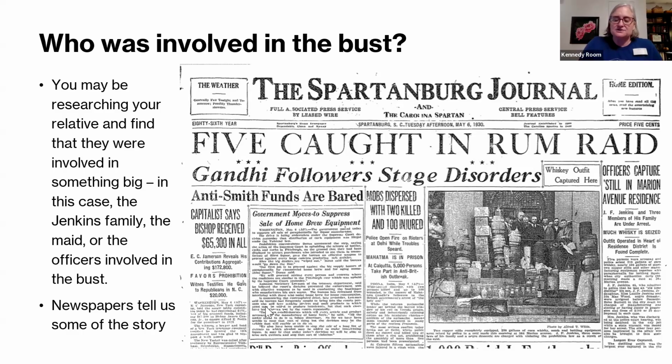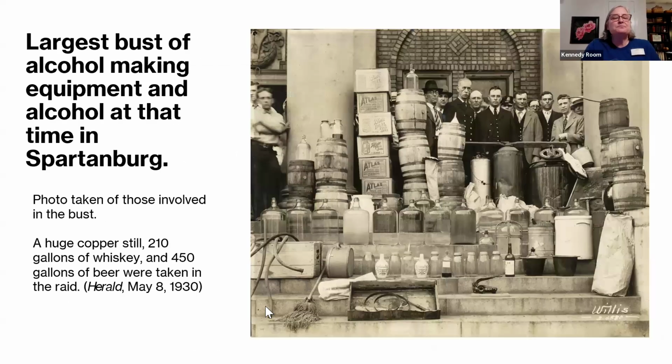Newspapers are a great resource for social history. So, this was the largest bust of alcohol making equipment and alcohol at that time in Spartanburg. These were some of the men involved with the bust, as well as a huge copper still, 210 gallons of whiskey, and 450 gallons of beer were taken in the raid.